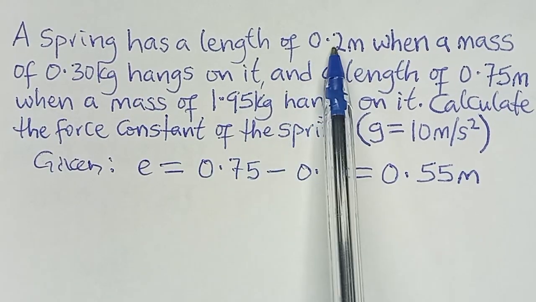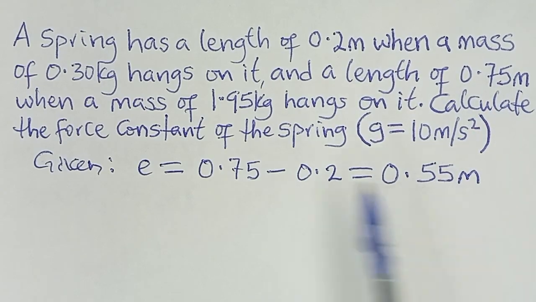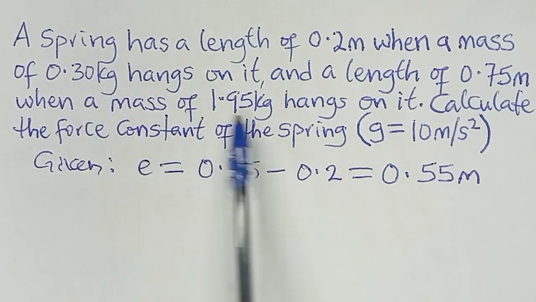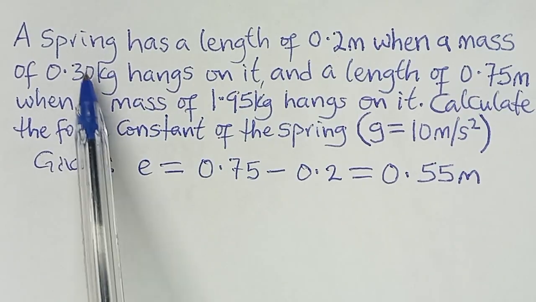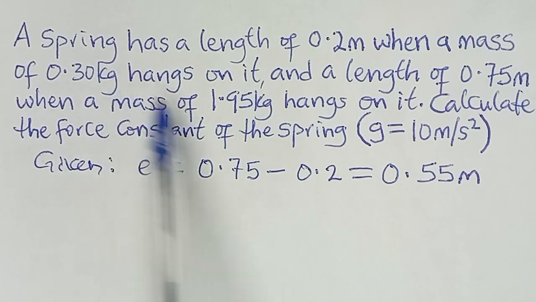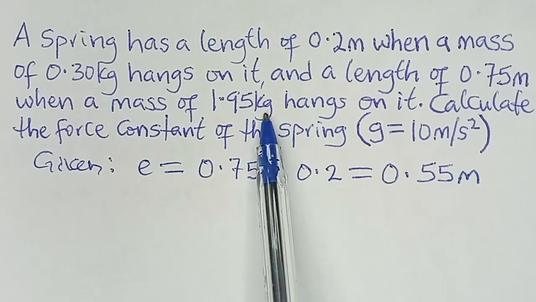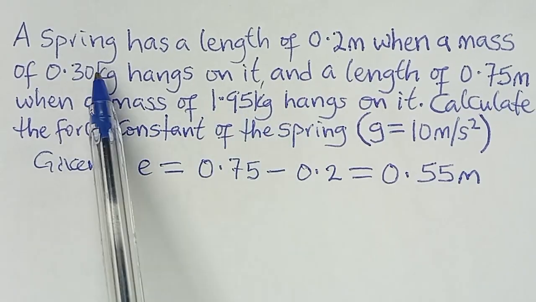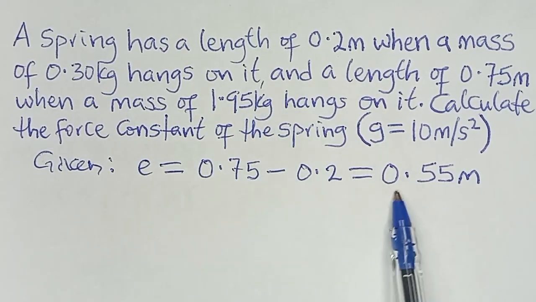So as we have obtained the resultant extension, we can also obtain the resultant mass from this. That is from 0.30 kilogram to 1.95 kilogram. So that means there's a resultant mass here that produced this resultant extension.